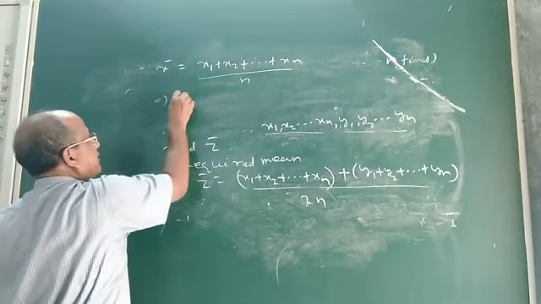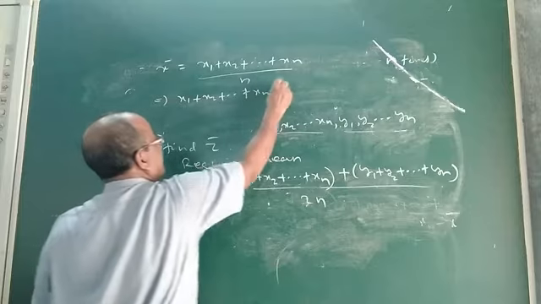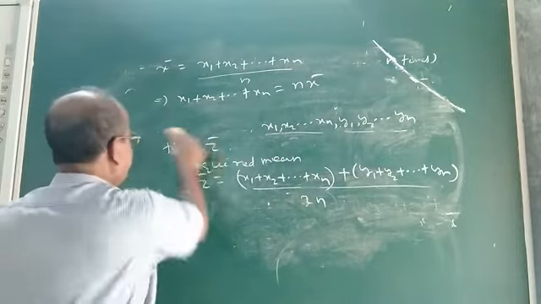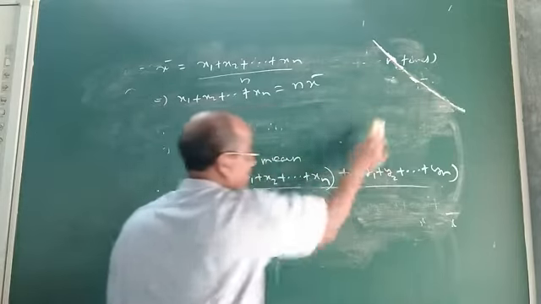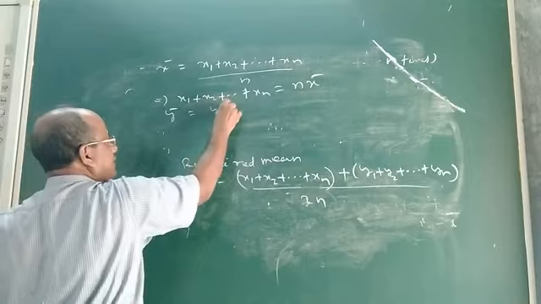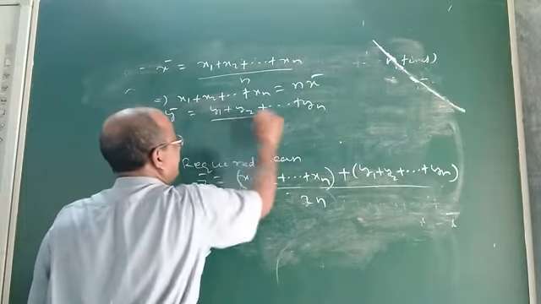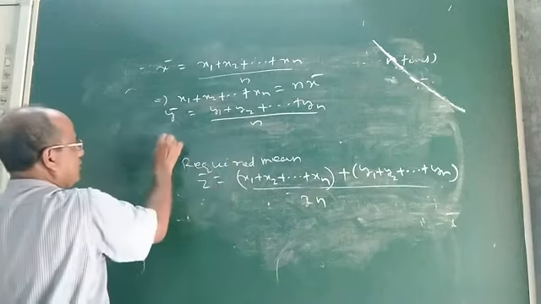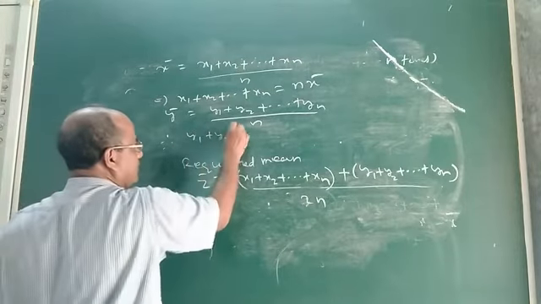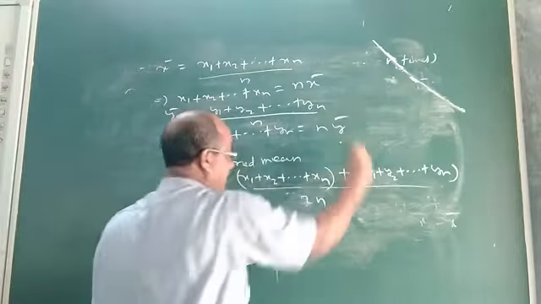That means x1 plus x2 plus xn will be equal to n x bar. Similarly, y bar is the mean of y1, y2 up to yn divided by n. So therefore, the sum of observations y1 plus y2 up to yn will be equal to n y bar.